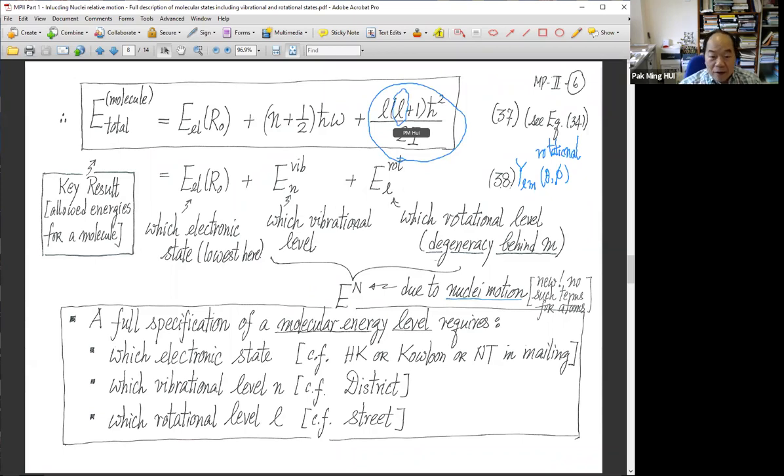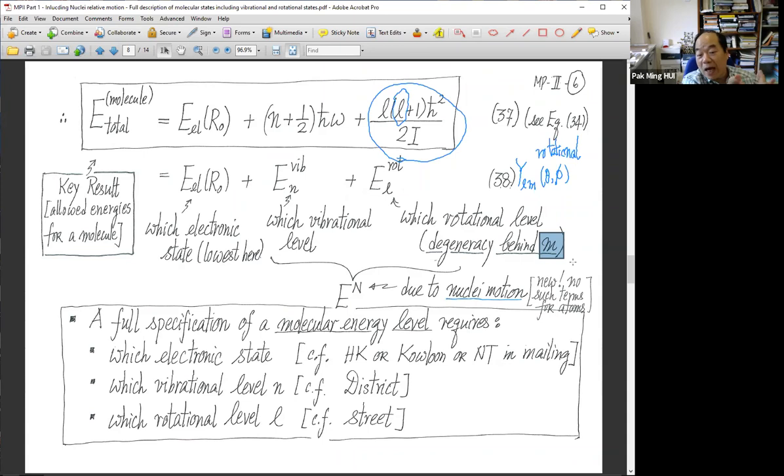Therefore, after you indicate what is L, there is some intrinsic degeneracy. There is an M quantum number behind the Y_LM that can take on 2L plus 1 values, okay?